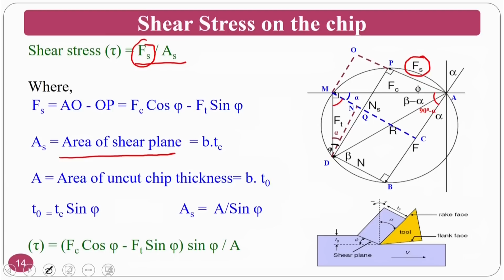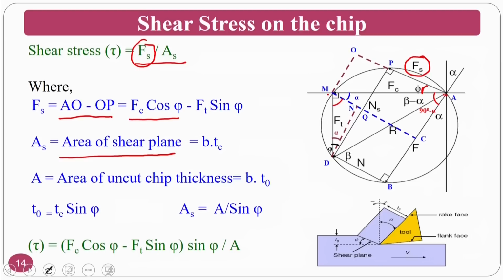Considering this, now I am making an extension to the O, and considering the AOM triangle, AO minus OP gives me Fs, that is PA. So AO, with the shearing angle, is the adjacent side. So you can say Fc cos phi minus OP.